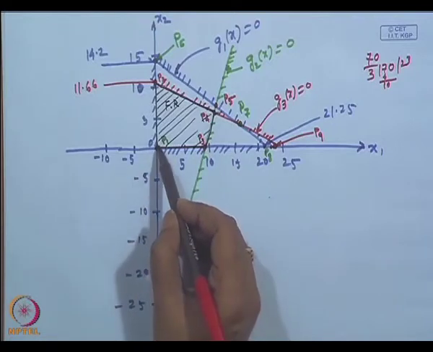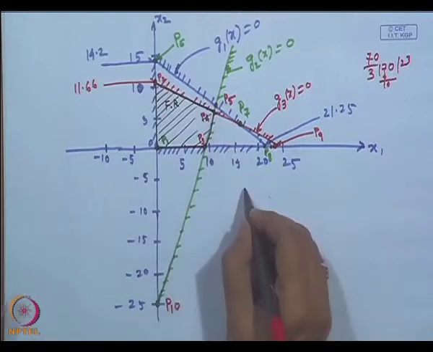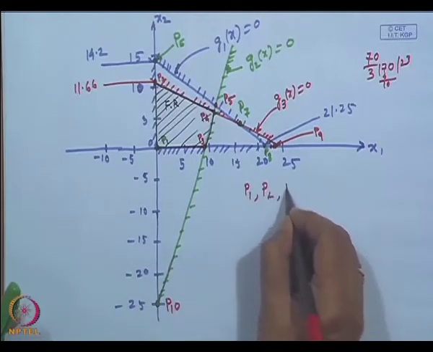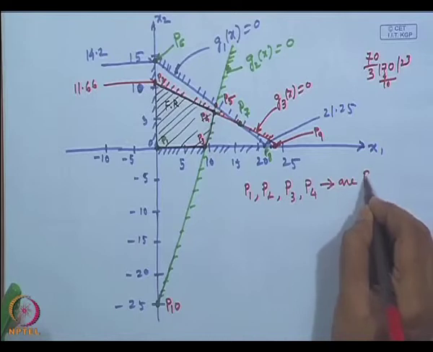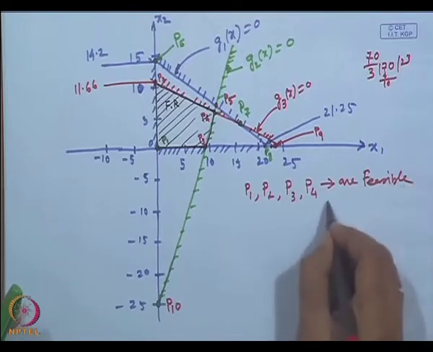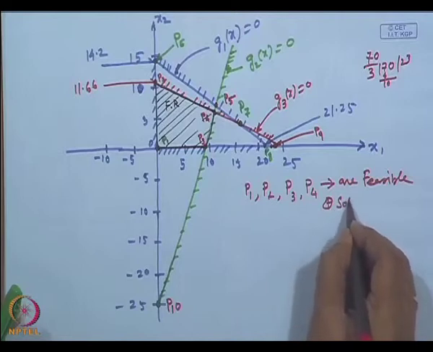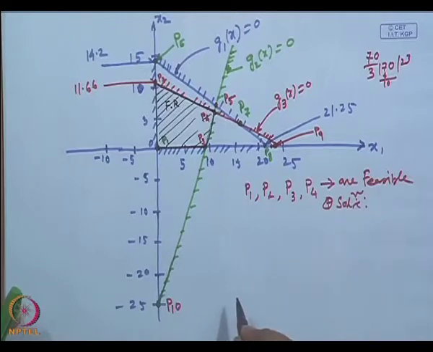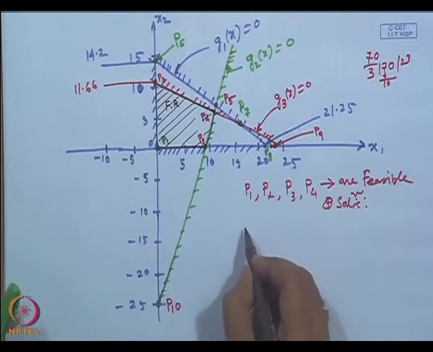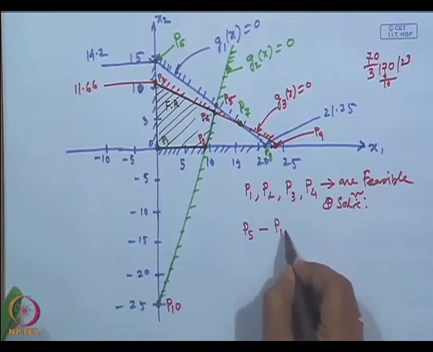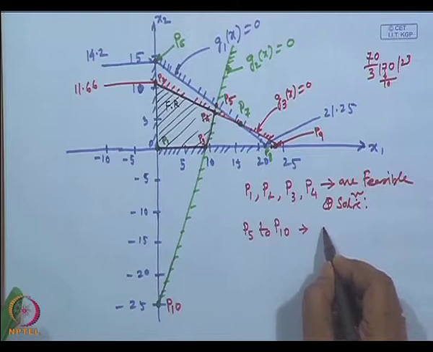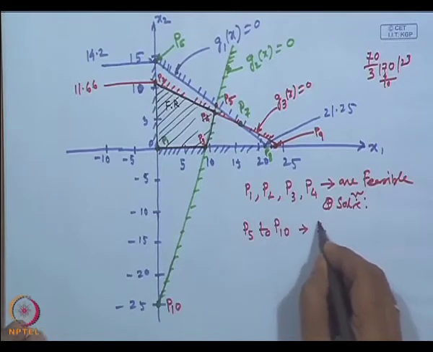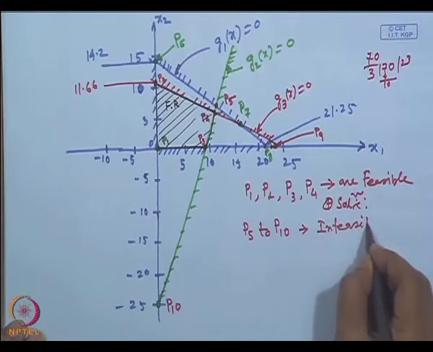So, out of these basic solutions you can easily realize from this figure that P 1, P 2, P 3, P 4 are the feasible solutions, and the remaining, P 5 to P 10, are the infeasible solutions.